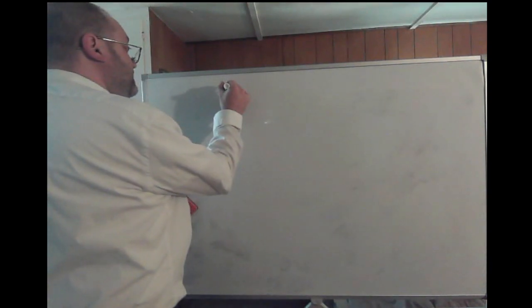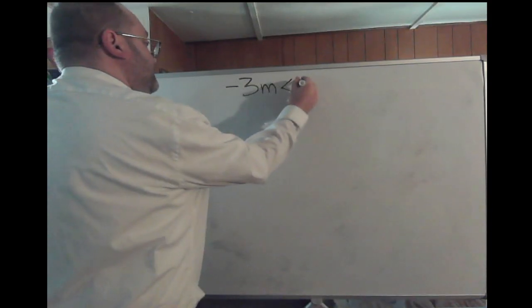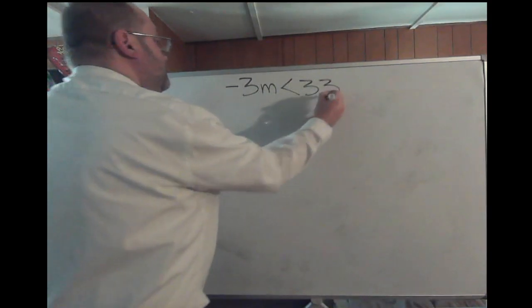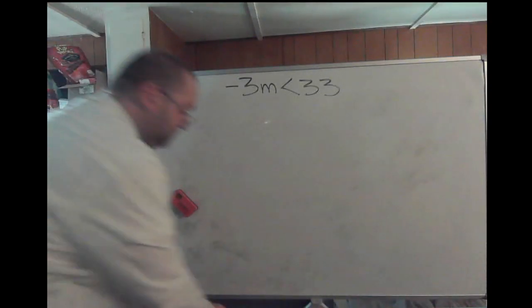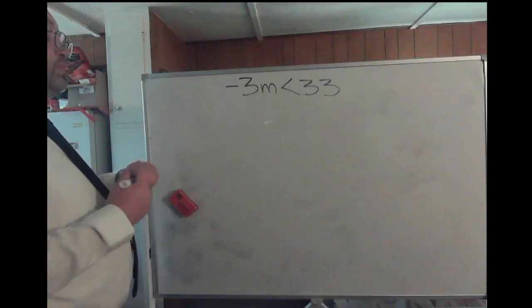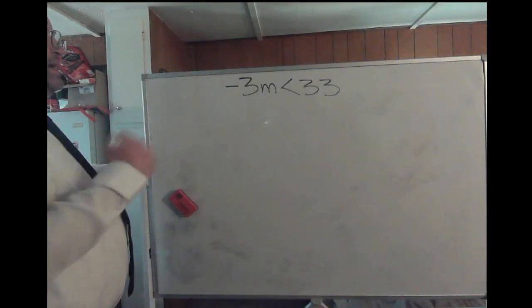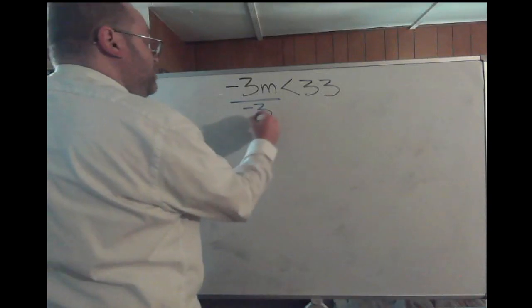Alright, negative 3m is less than 33. Well, we want to just get m. What we got to do is divide both sides by negative 3, which we'll go ahead and do.